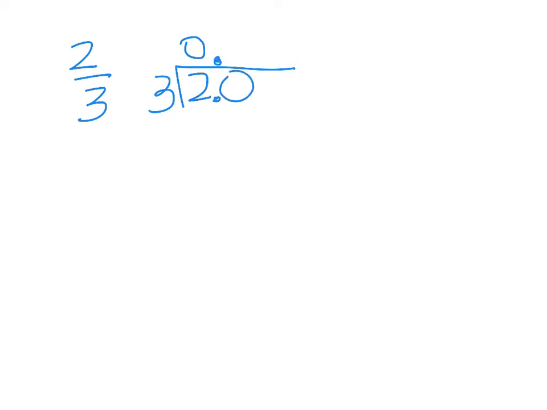Okay, how about 2/3? Again, 3 goes into 2 0 times, so we write down our decimal and immediately right above it. 3 goes into 20 6 times, and 6 times 3 is 18, so we subtract 18 from 20 and get a remainder of 2. So we bring down another 0, and we see very quickly, hey, that's the exact same thing.